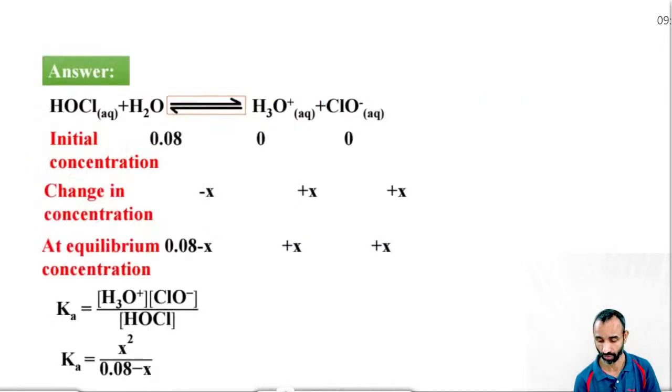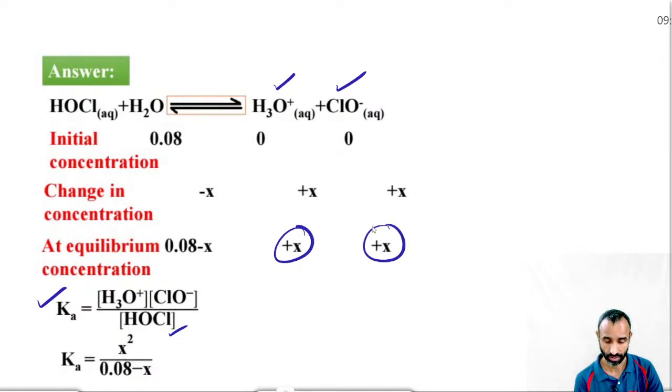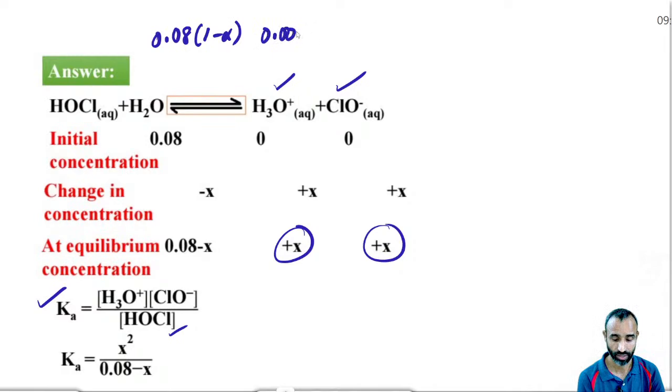So you know Ka equal to H3O plus ClO negative upon HOCl concentrations. So it is x square divided by 0.08 minus x, or you can take alpha here only. So it becomes 0.08 into 1 minus alpha, and x is 0.08 alpha.